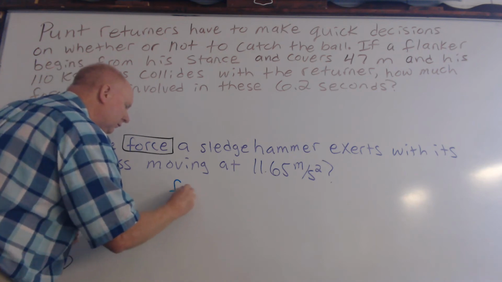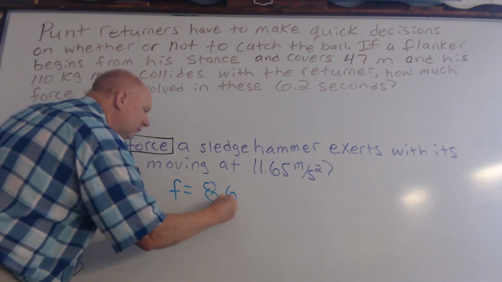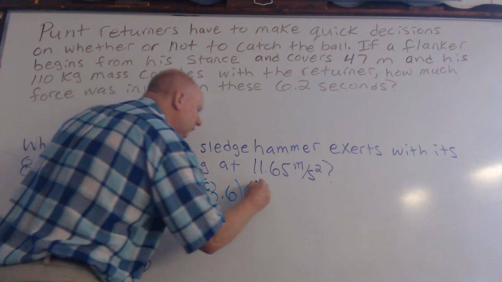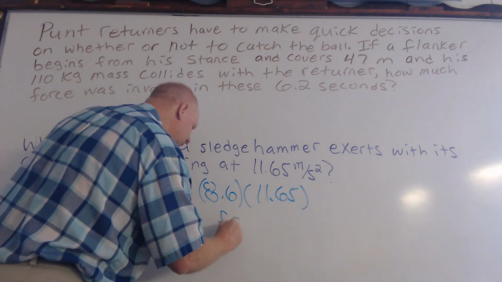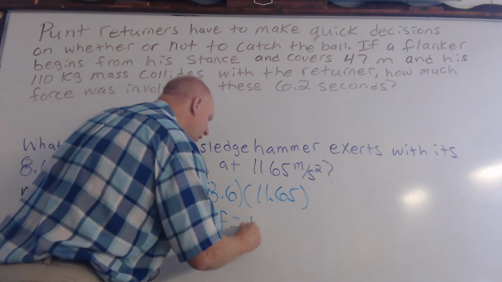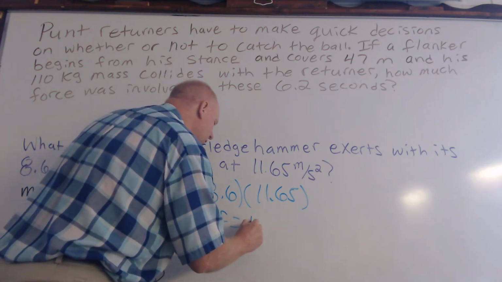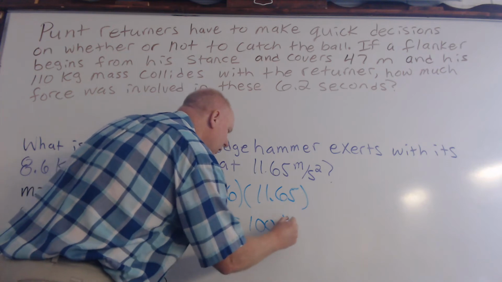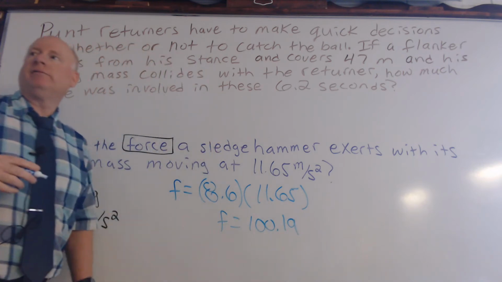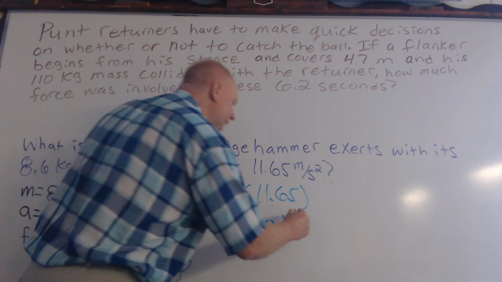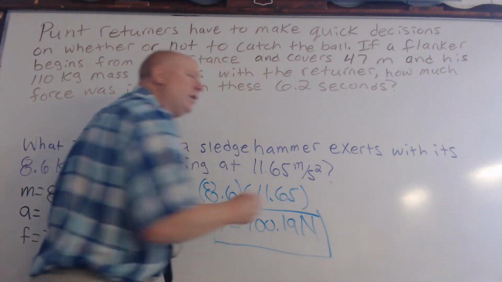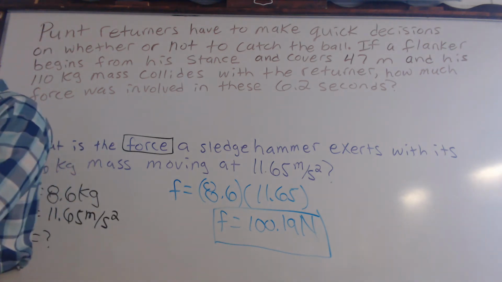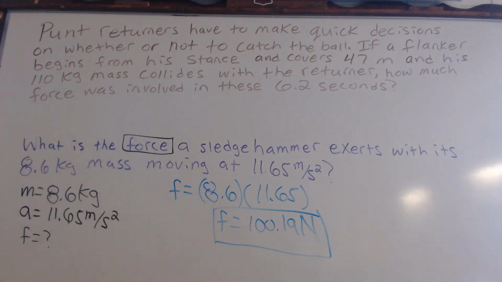8.6 times 11.65, and it's 100.19. And that's measured in newtons. Or you could label it as kg times meter per second squared. Same thing.